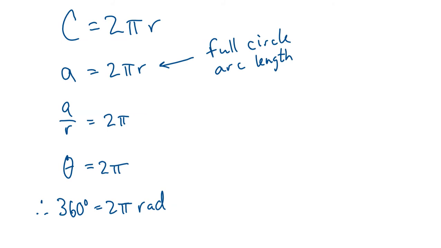Does anybody know the world record for memorizing pi? You want to guess? What would you guess would be the maximum number of digits that somebody memorized pi? Just guess. Come on. 150? 300? 800?